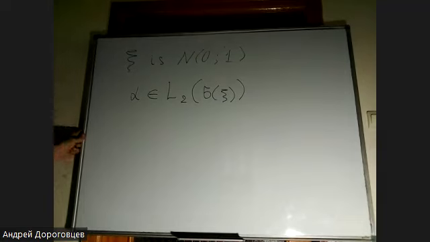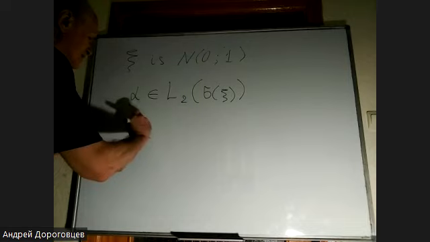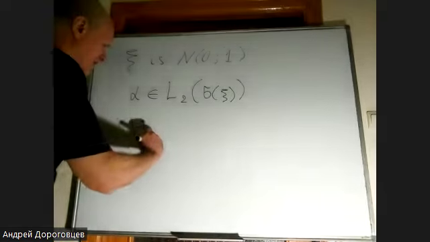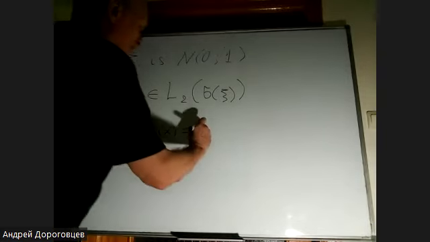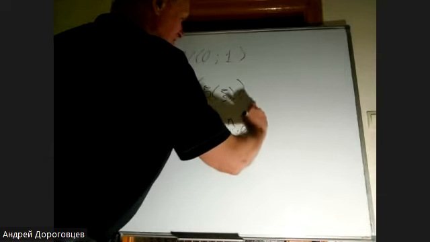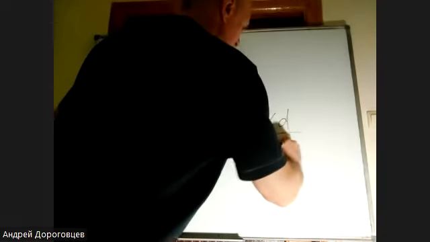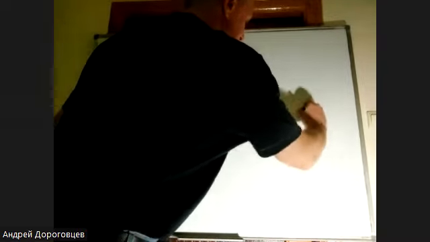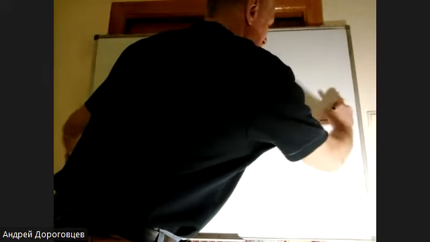We proved that one can introduce the following family of polynomials: h n of x is equal to minus 1 in n power, e to the x squared over 2, multiplied by the nth derivative of the function e to the minus x squared over 2.